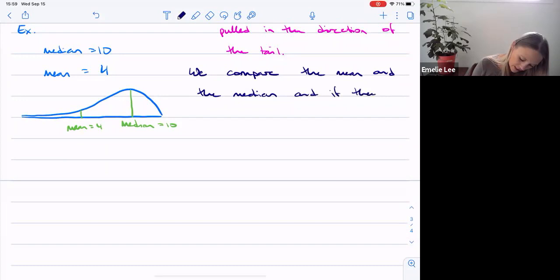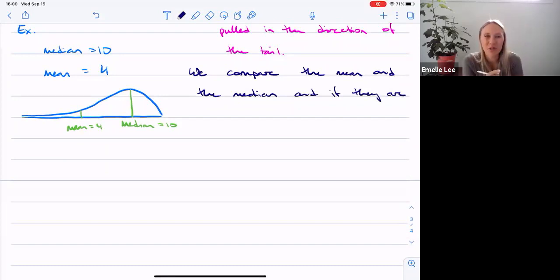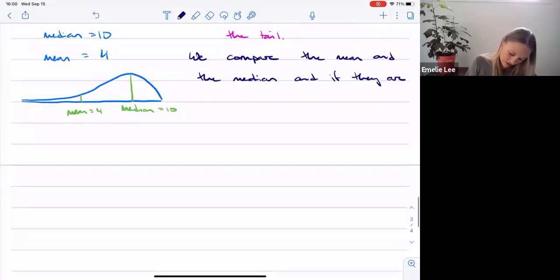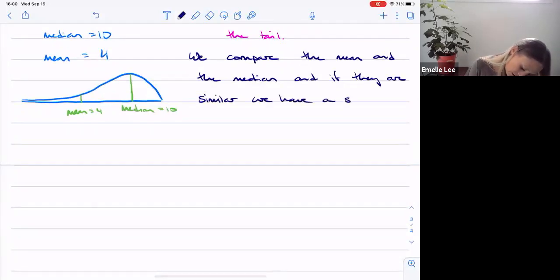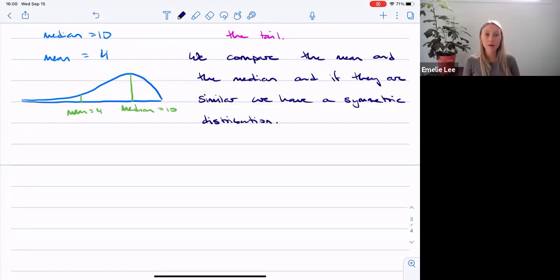And if they are, I'm going to say similar, right? They don't have to be exactly the same. There's going to be some wiggle room there. But if you're looking at kind of 10.5 and 11.1, I'd say those are pretty similar. So then I would argue that the distribution is symmetric, right? So we compare the mean and the median, and if they are similar, we have a symmetric distribution, right? If not, right, it's skewed in the direction of the mean.